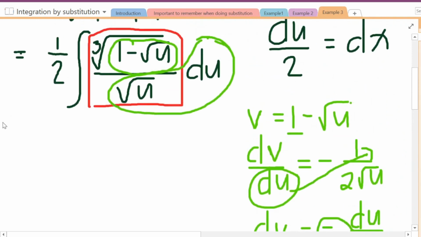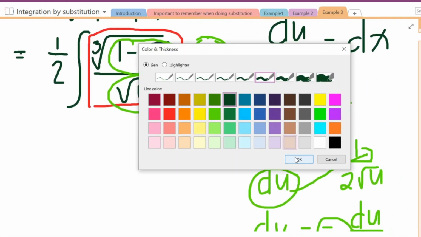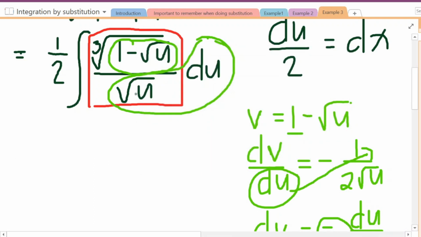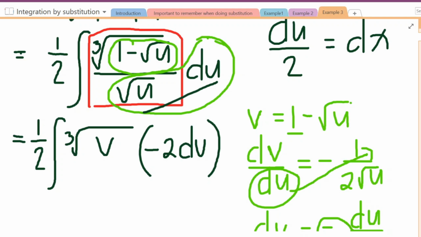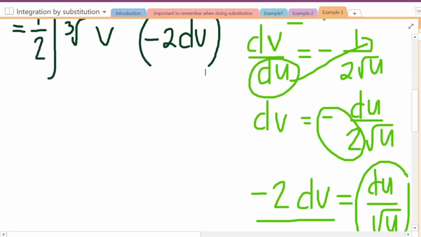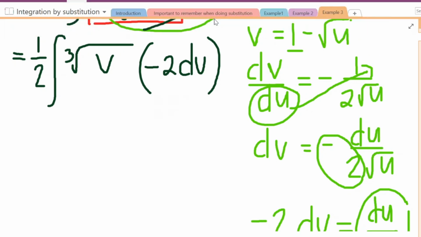Let us go back and proceed with the second substitution process. This is your original constant, that's 1/2, integral of cube root of, we let this as variable v, and the rest, this one, is just negative 2 dv. Negative 2 is again a constant, so we can factor that out.